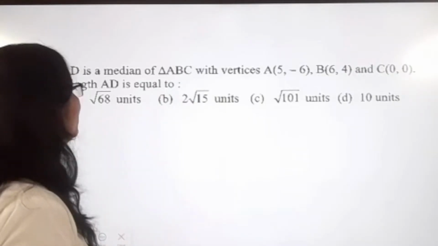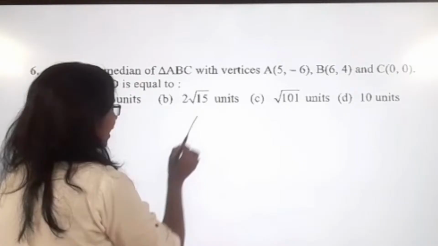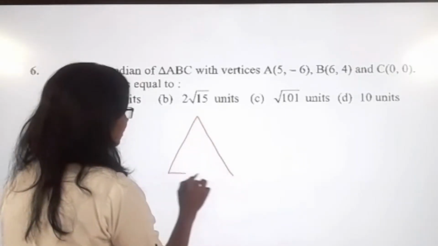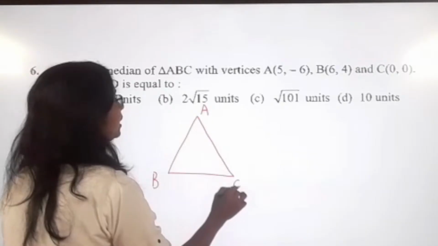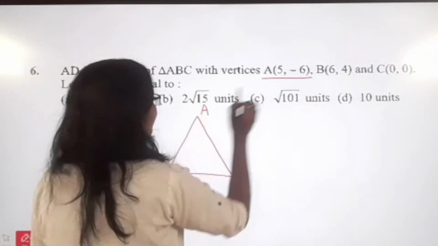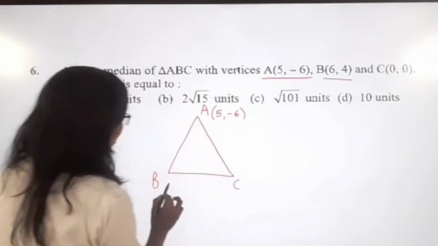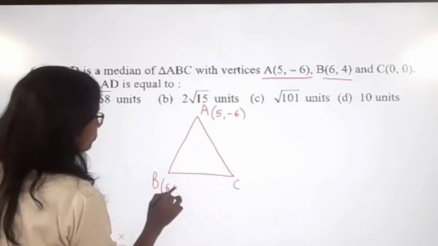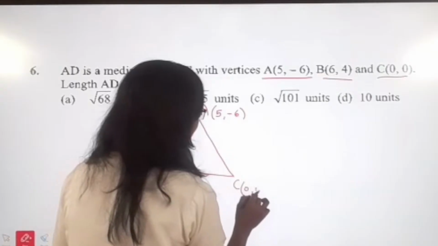Okay. So now here there is a triangle ABC. So first I draw the triangle ABC here. So this is the triangle ABC, A having the coordinate (5, minus 6), B having the coordinate (6, 4), C having the coordinate (0, 0).